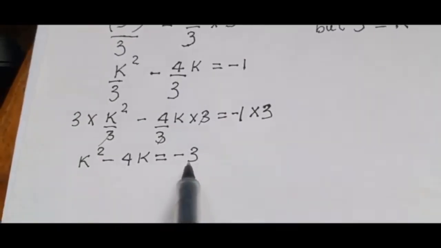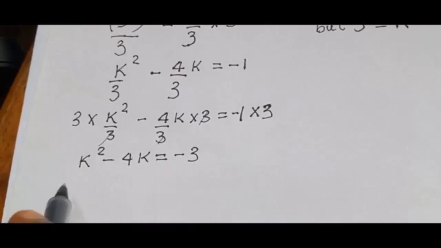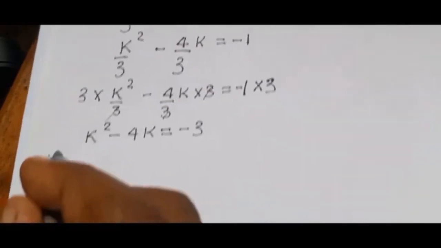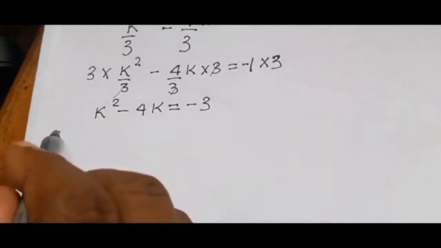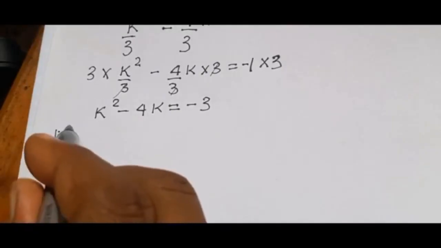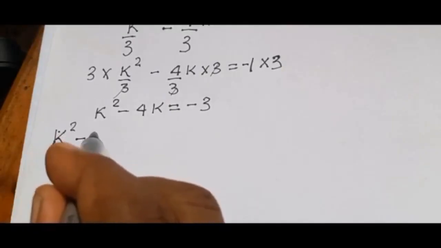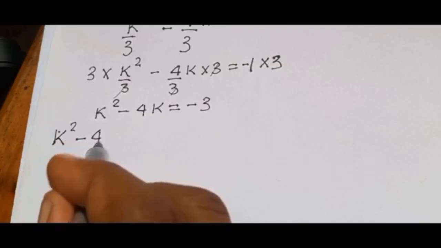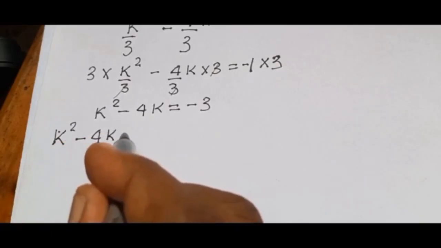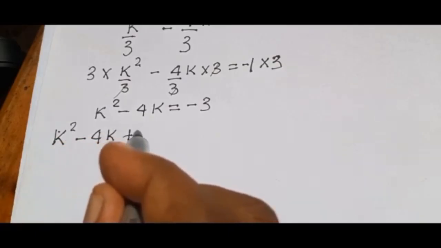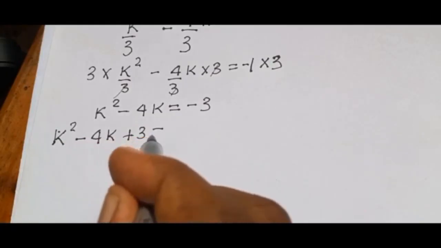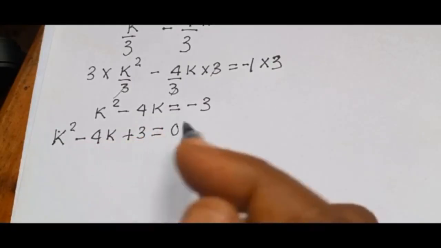Okay. Shift this -3 to this side. So we have k squared minus 4k plus 3 equals 0.